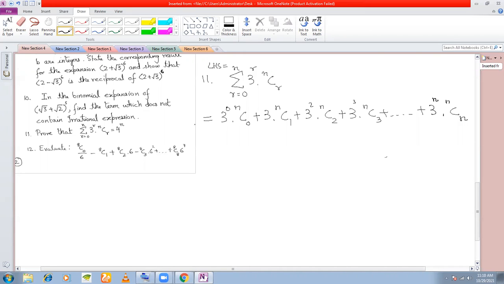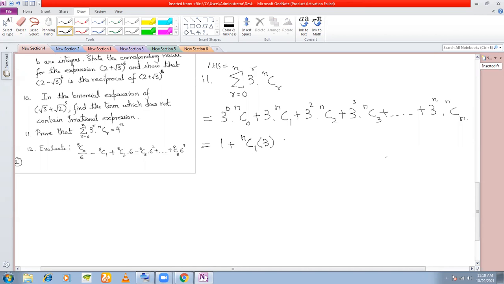Yes, sir. Okay. Now this 3 to the power of 0 into nC0 is simply 1, right? Plus this is nC1 into 3, let's write it this way, convenient to understand.